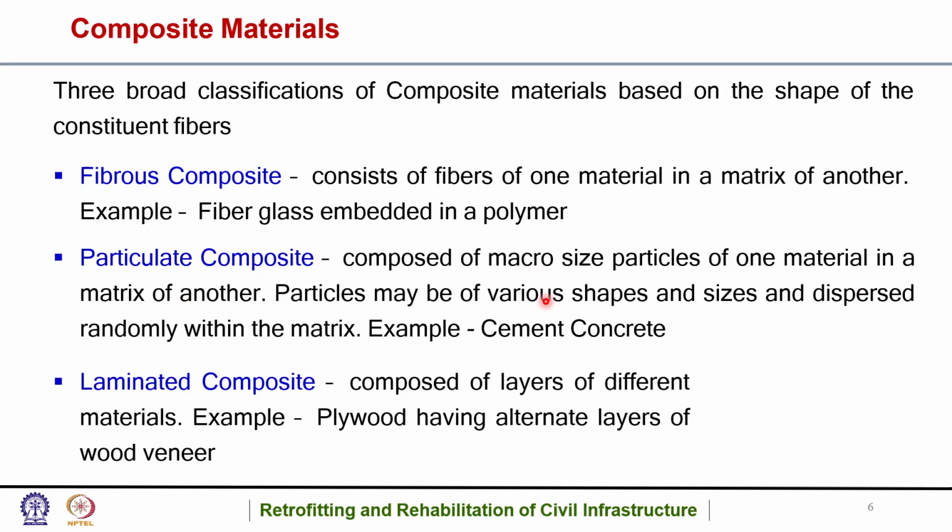The particles may be of various shapes and sizes and dispersed randomly within the matrix. One example is cement concrete. And then there is laminated composite, composed of layers of different materials. An example is plywood having alternate layers of wood veneer. So these are the types of various composites.